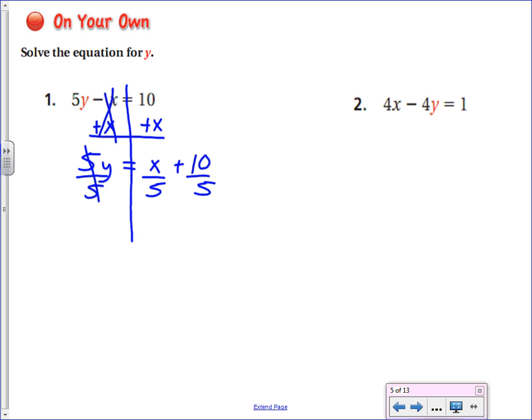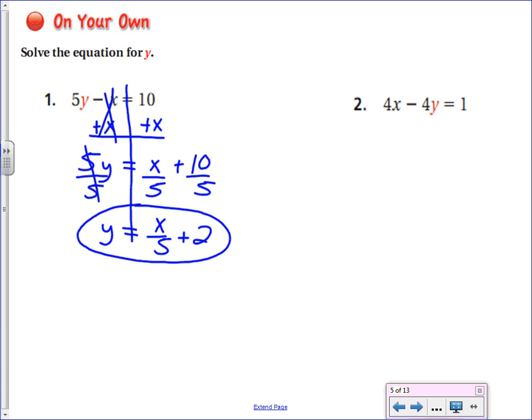And now that I have a number, that's why I'm going to divide everything. So y equals x over 5 plus 10 divided by 5, which would be 2. So your final answer, y equals x over 5 plus 2.